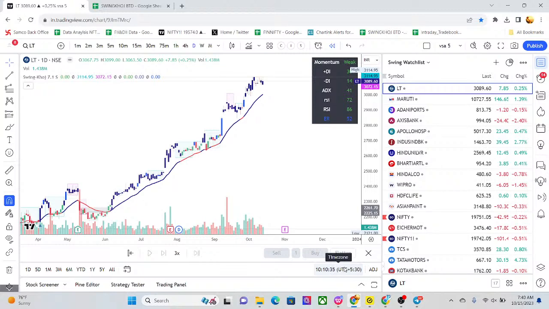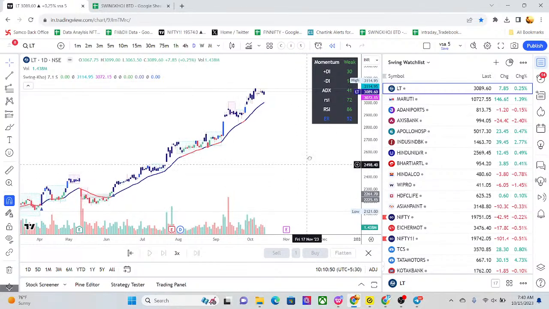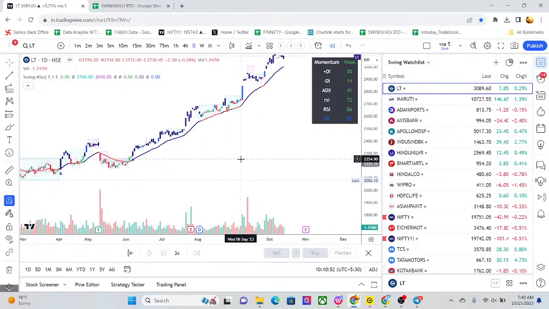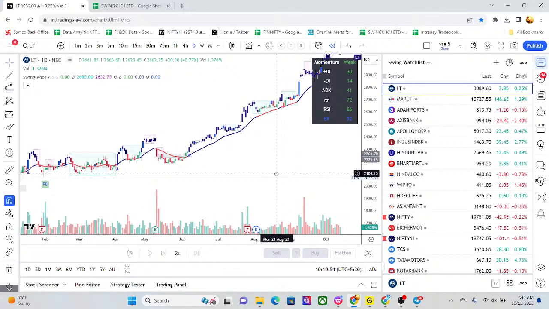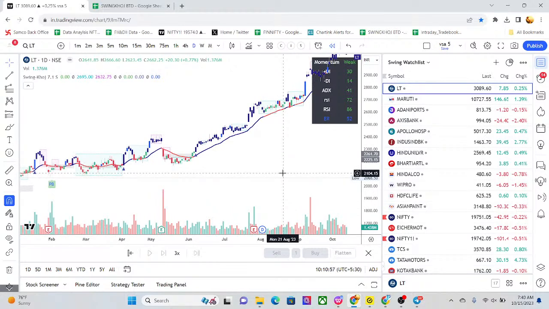Let's start with why a multi-indicator approach is better than having a single indicator on. For example, if I want to find a bottom, I will use certain indicators that will help me find the bottom. For trending moves, I'll use some other indicator.